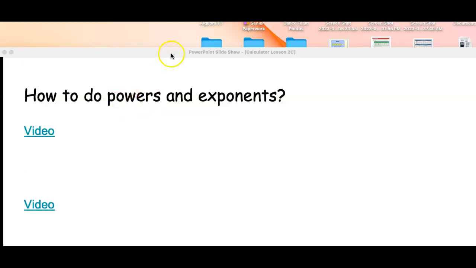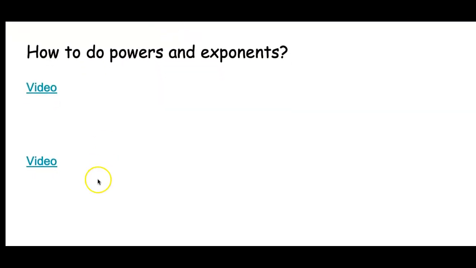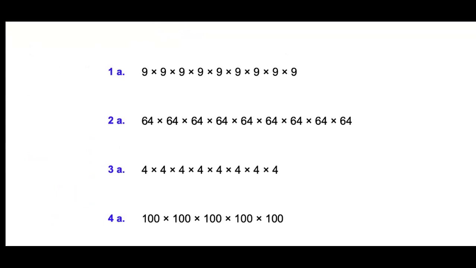Okay, so just in review, one thing about exponents, instead of writing it out like that, if you just count how many there are, this is going to be, oops, let me try a different, sorry. This is going to be 9 to the 9th.